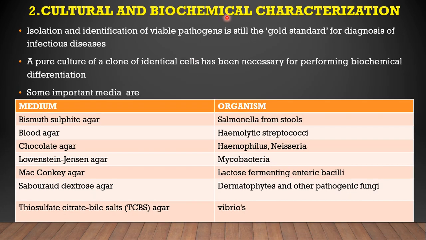Then coming to the cultural and biochemical characterization, where isolation and identification of viable pathogens is still the gold standard for diagnosis of infectious diseases. A pure culture of a clone of identical cells is necessary for performing the biochemical differentiation. So we are going to do two things: the culturing methods and the biochemical differentiation.